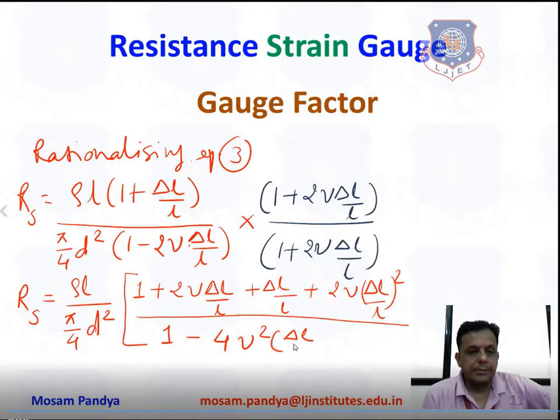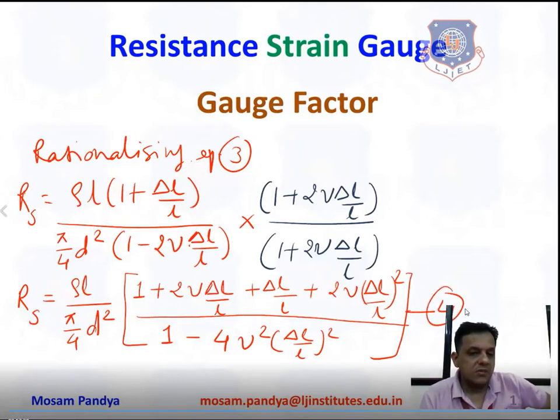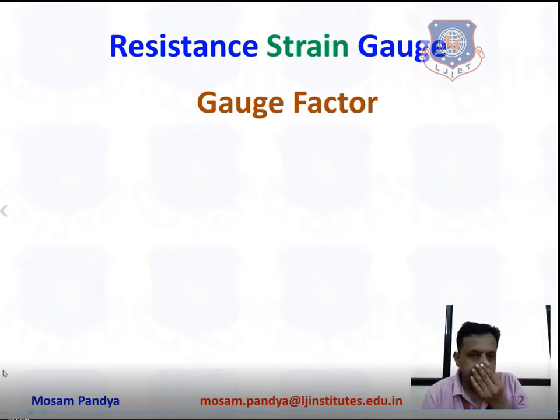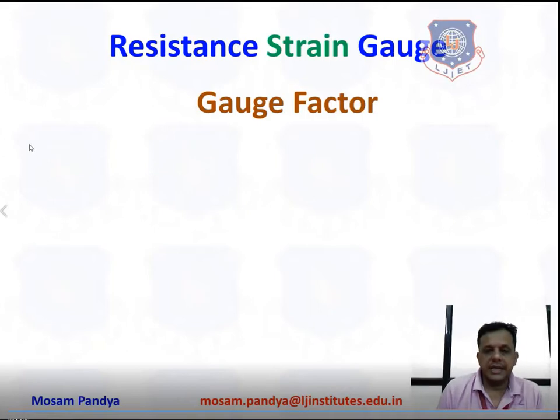Multiplying the denominator brackets will give you an a square minus b square kind of equation, and here we see, in this equation number 4, we are once again dealing with very small quantities that can be neglected. So let us rewrite the equations.